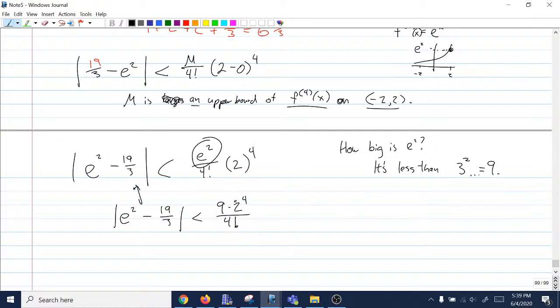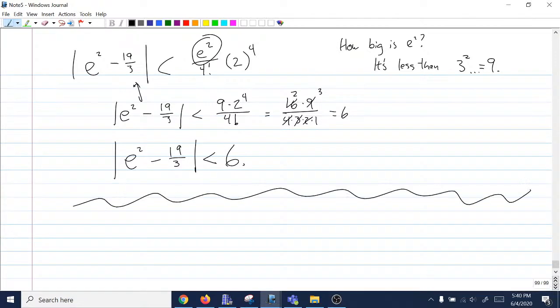This is really big. What's 2 to the 4 times 9? That's 16 times 9 over 4 factorial. So I'm getting that e squared is within 6 of 19/3. That's not a really great approximation.